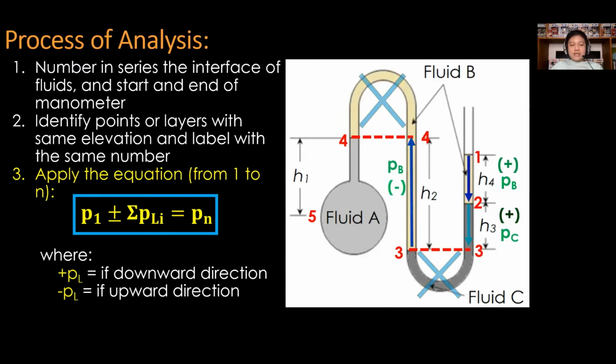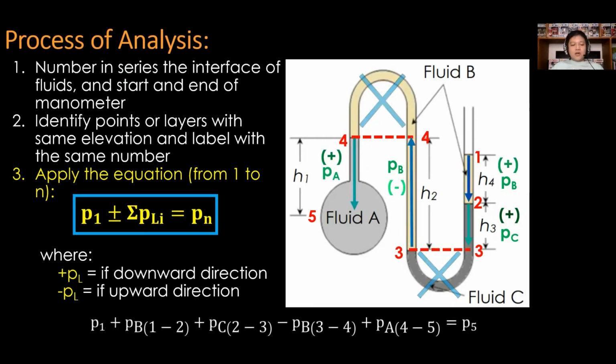Therefore, it is negative. Then transfer to point 4 at the other leg. Then 4 to last point 5, the direction is downward. Therefore, it is positive.